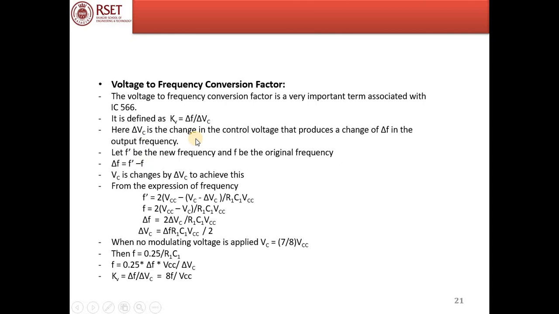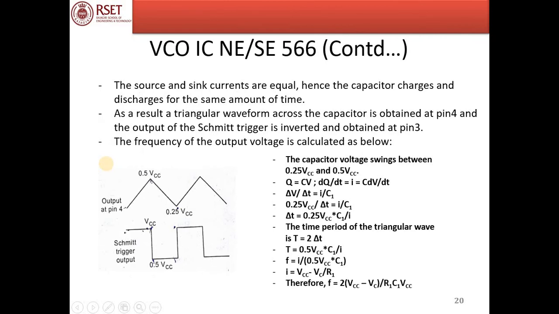Let the initial frequency be F when the control voltage was VC, and let F dash be the new frequency. So delta F, the change in frequency, is equal to F dash minus F, and VC, the control voltage, changes by delta VC to achieve this change in the frequency. From the previous slide we have derived the expression for frequency as 2 into VCC minus VC by R1 C1 VCC.